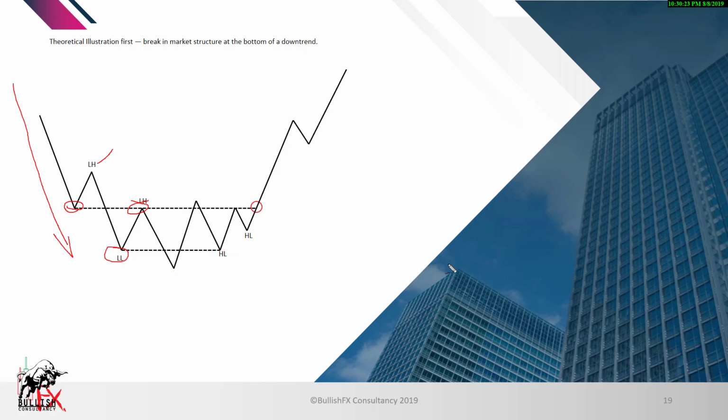We've got a consolidating market, then price breaks to the upside, you load your longs, price pushes further high. Then we've got higher low, higher high, higher low, probably another higher high. You see, so this is an illustration of a break in market structure at the bottom of a downtrend.